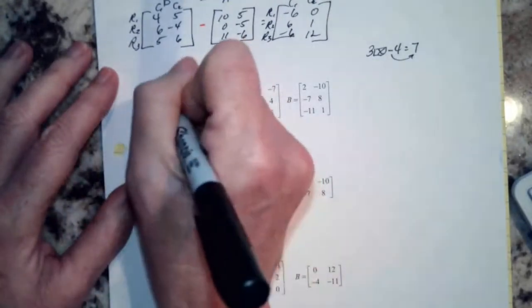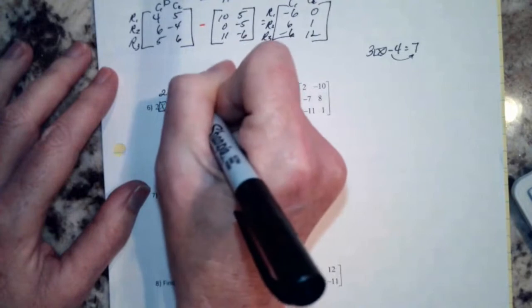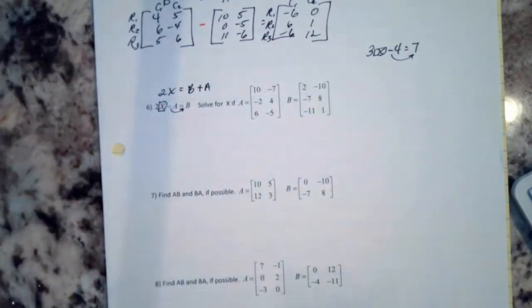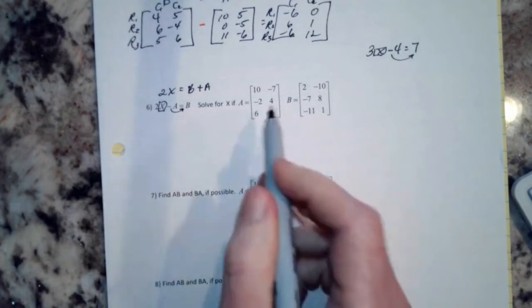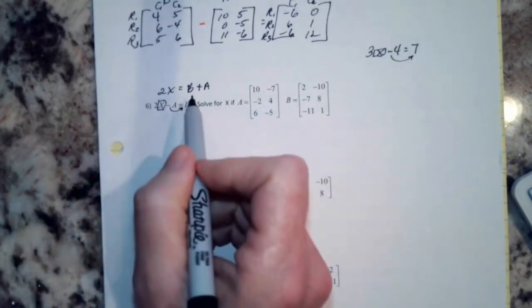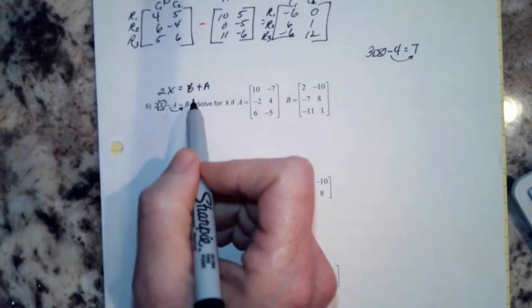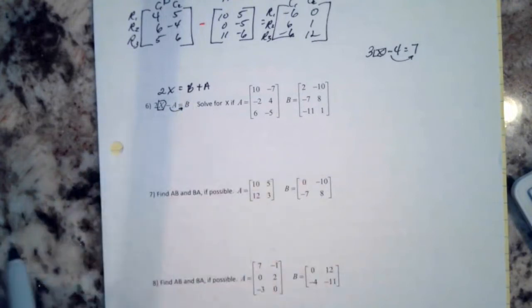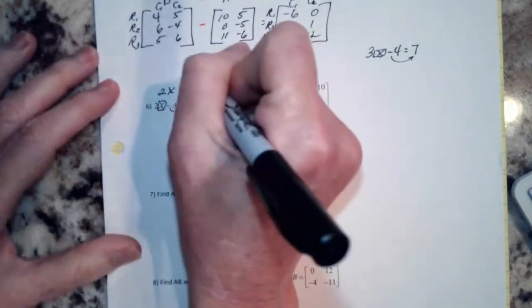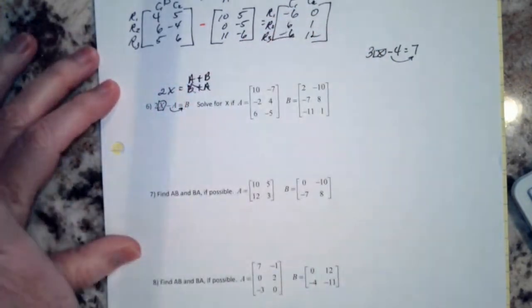So I'm going to move that over, and I'll have 2x equals b plus a, or a plus b. It doesn't matter. Probably it's easier for us because a plus b are written here, but it doesn't matter. Addition is commutative. The order doesn't matter for addition. So I think I'm going to change mine to a plus b just because that's alphabetical order and we're a little more used to that.